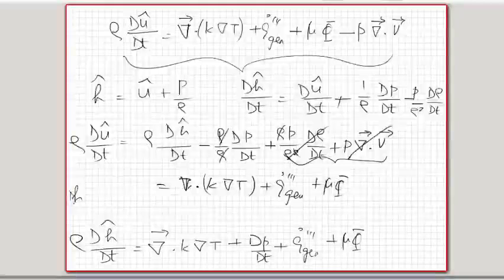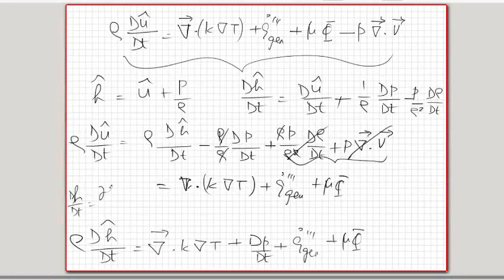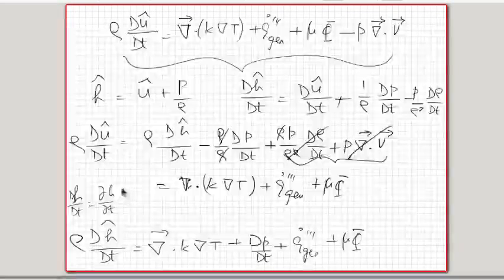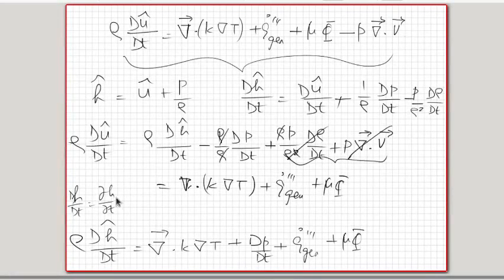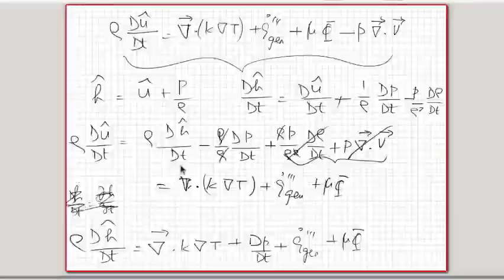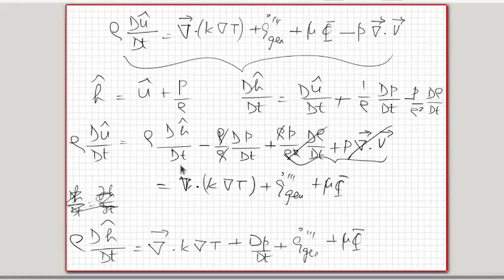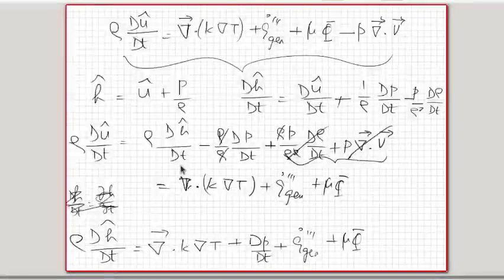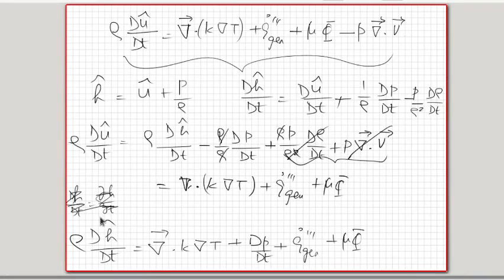So dH/dt is del H by del T into dt, and since H is a function both of temperature and pressure, in writing the enthalpy term we will need to write dH. From this term itself we can go to the next step.